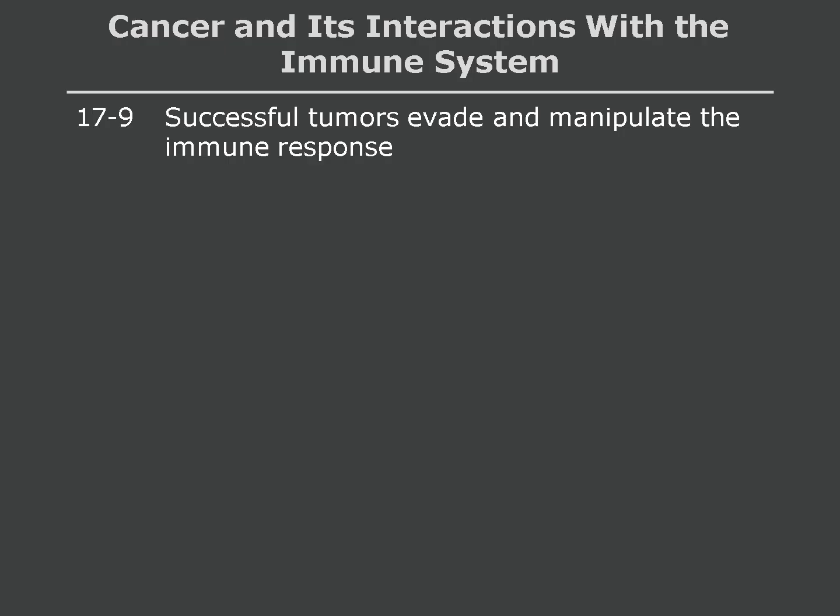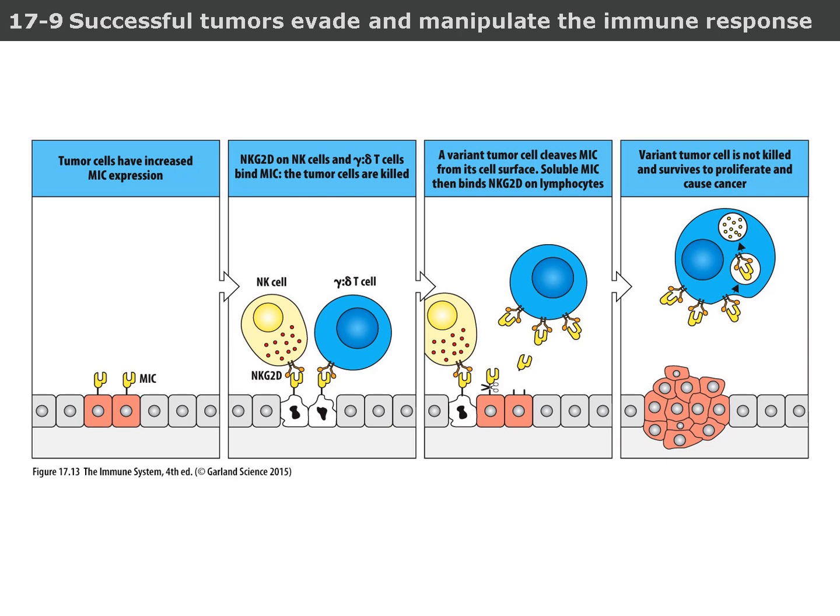Successful tumors evade and manipulate the immune response. Initially, tumor cells express high levels of MYC proteins on their surface. These proteins are recognized by NKG2D receptors on natural killer cells and gamma delta T cells, leading to immune-mediated killing of the tumor cells.